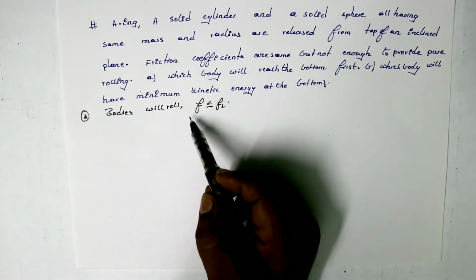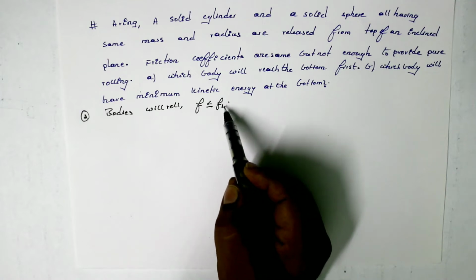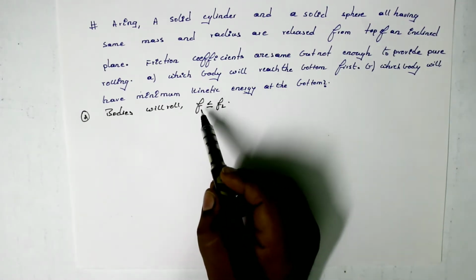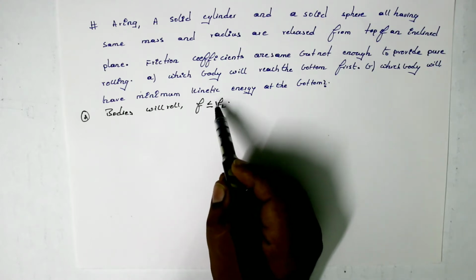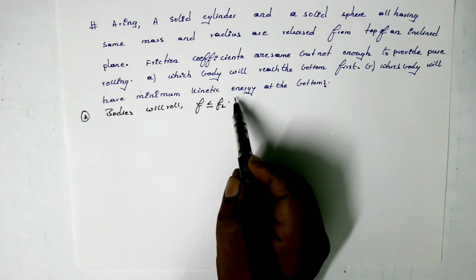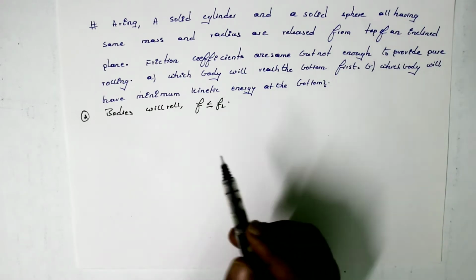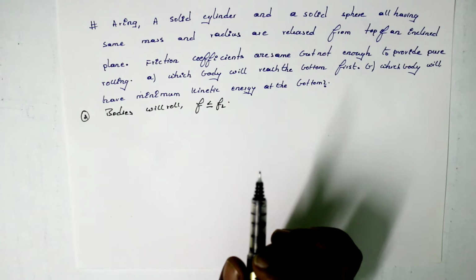Only then will the bodies roll. If the amount of friction required is greater than limiting friction, then that is not possible, because a friction greater than limiting friction cannot exist. So therefore these bodies will not roll.